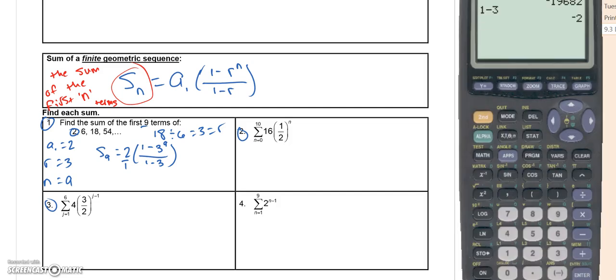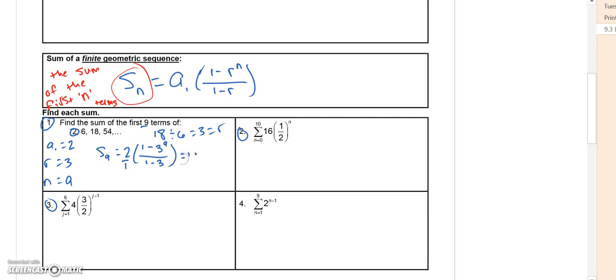So I can do 2 times negative 19,682 divided by negative 2. And we get 19,682.